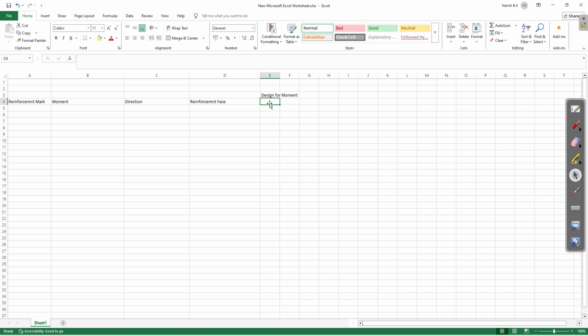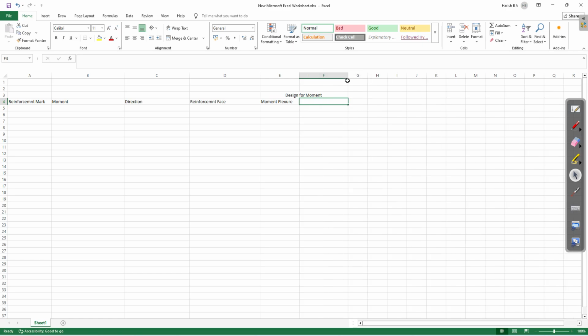One is moment flexure, and the next column is AST flexure. Next column, design for crack width. We will be discussing this in the next class. Okay, design for crack width.